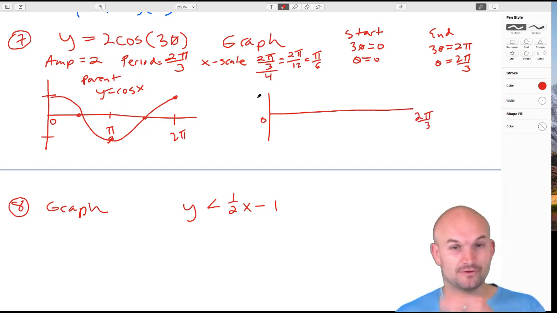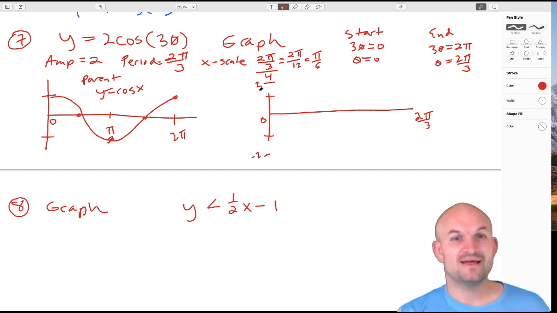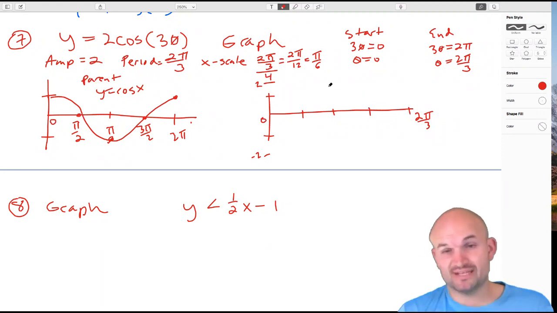Now the graph, instead of going up to 1 and down to -1, got vertically stretched. So now the graph is going to go up to 2 and down to -2. The x scale is the important point. Notice how there are 4 points: this is pi halves and this is 3 pi halves, so 1, 2, 3, 4. I'm going to do the same thing here. The distance between each of these is our x scale.